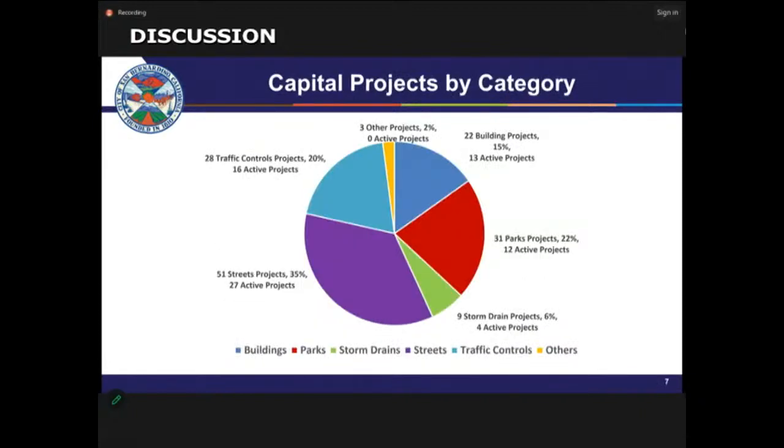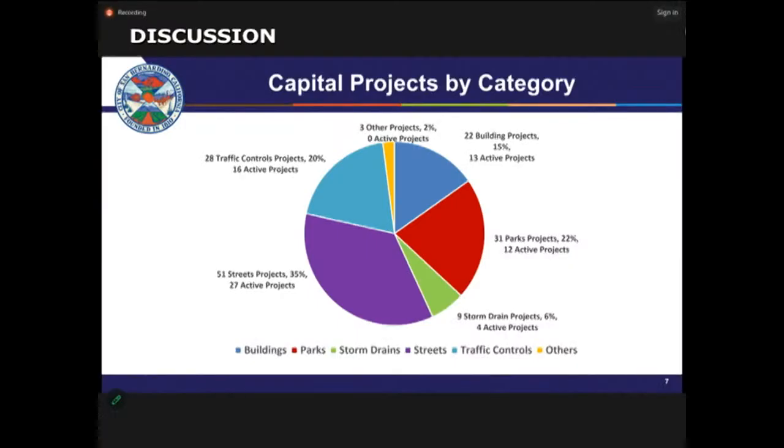This next slide breaks down the projects by category type. So the project category types are at the bottom. The categories are buildings, parks, storm drains, streets, traffic control, and others. The sum of the project, as I mentioned, is 144 projects. We provided even further breakdown of these projects to determine which ones are actually active.